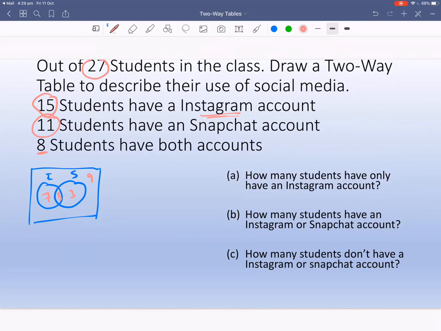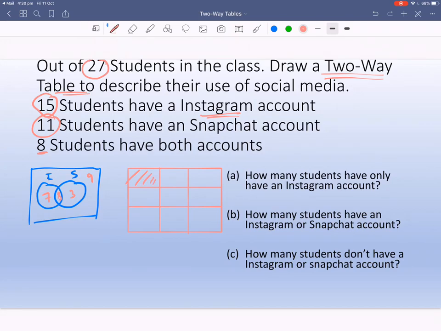Now, what we need to do is make a two-way table. So this question is not about a Venn diagram, it's about a two-way table. So I'm going to convert this into a two-way table. The first thing I want to do is make a table, and I'm not going to use this one.